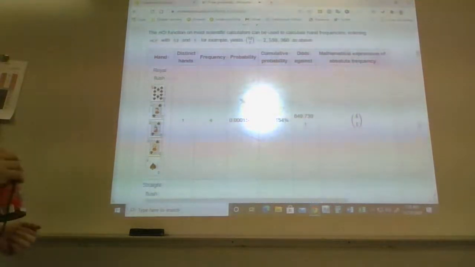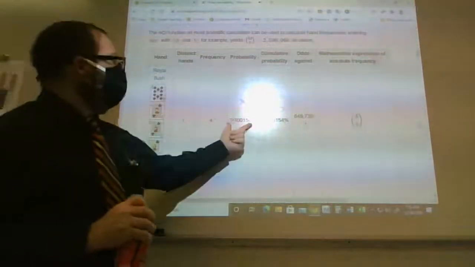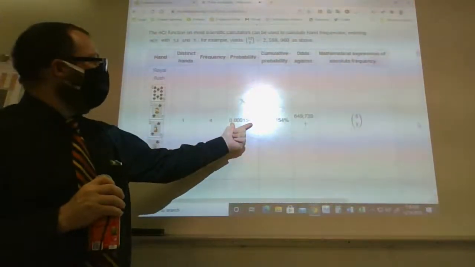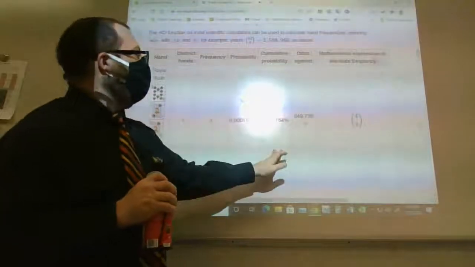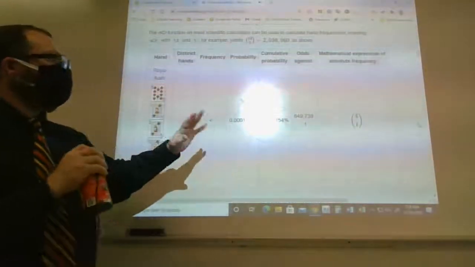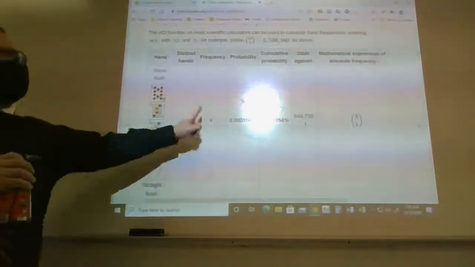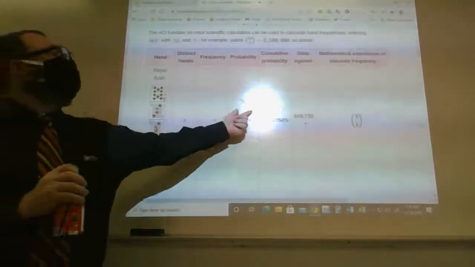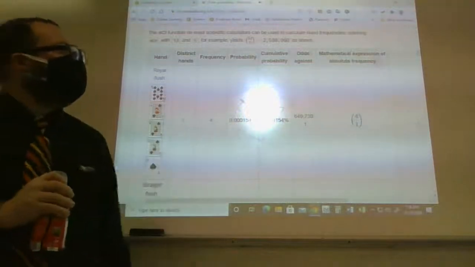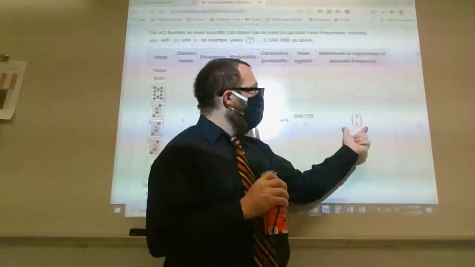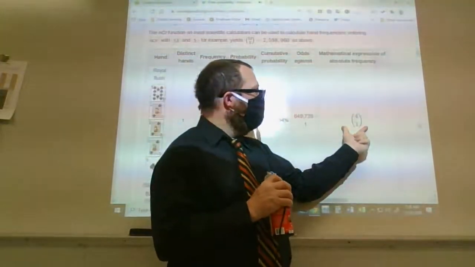There's only 4 ways to do it. And they give you the probability of such an event happening. I'm going to ignore cumulative probability and odds against, but I'm going to be focusing mainly on 4 things in these charts, just for a brief moment. The frequency of it happening, the probability of it happening, and this, the mathematical expression of absolute frequency.